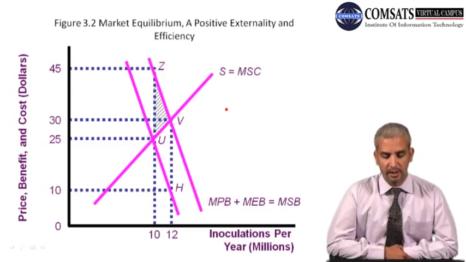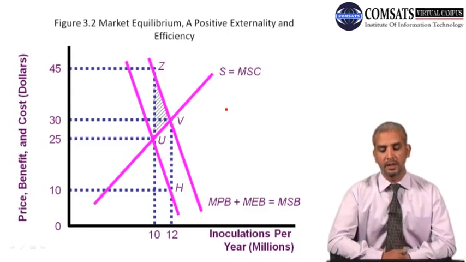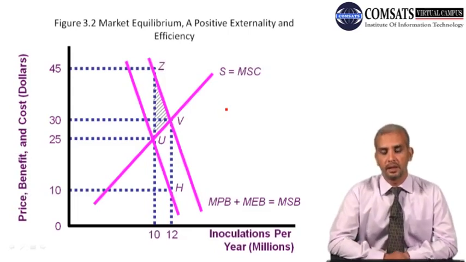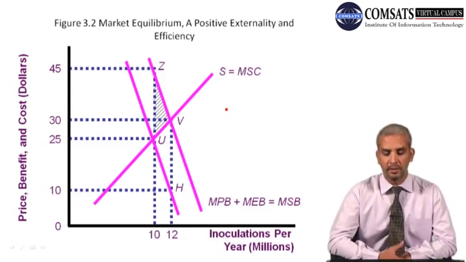At this point, we are not considering the positive externality or the marginal external benefit, and we are only considering the marginal private benefit, equating marginal private benefit to marginal social cost.